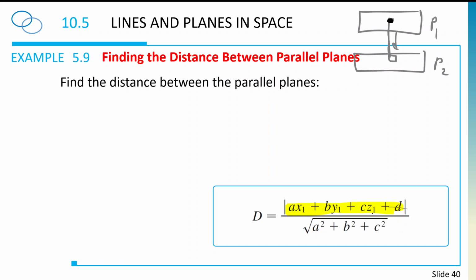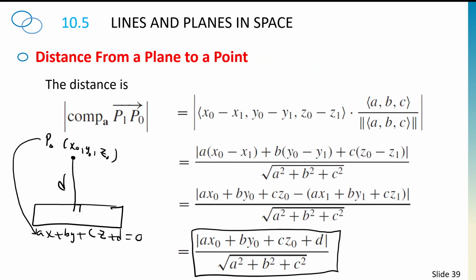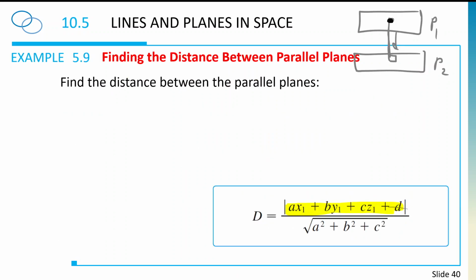So this is what I need to do. I need to find the distance between the parallel planes. What are the two parallel planes? I guess I don't have it there. Maybe it's by mistake, it's not there.